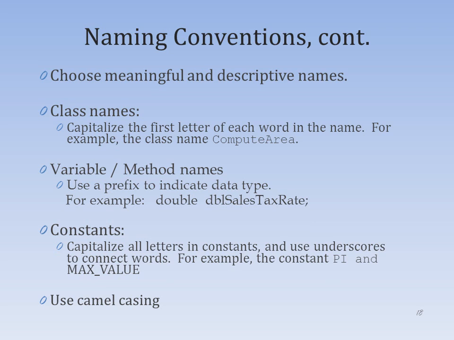And constants are, by convention, all uppercase. And now with the all uppercase, we can't do camel casing, so we can separate the multiple words with an underscore. So if you adhere to these conventions, your programs are going to be much more understandable.